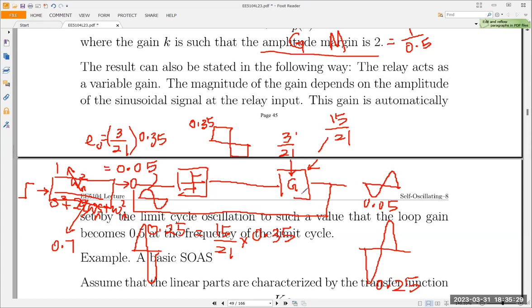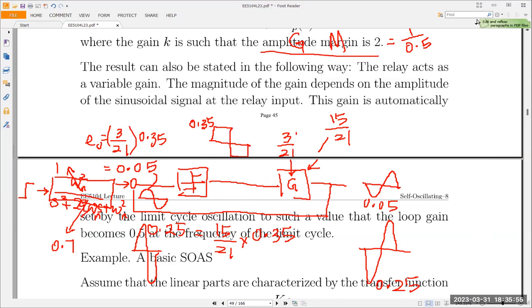But the plant is the plant. You cannot change the plant. I mean, if I give you a heater, that's the same old heater. So what are you going to do? So you operate at a higher frequency, so that at a higher frequency, the gain of this becomes 0.01 divided by 0.35.